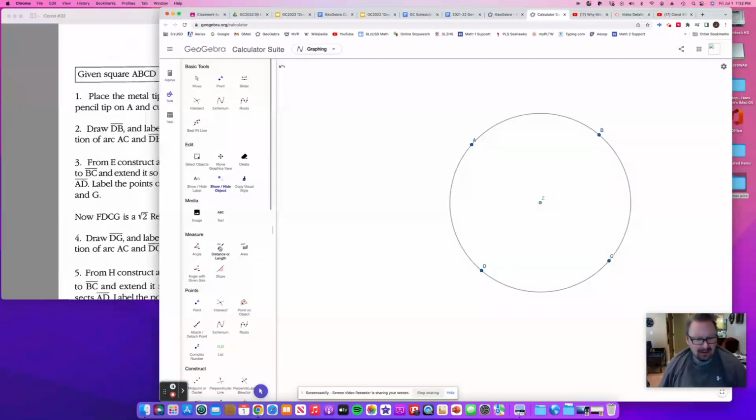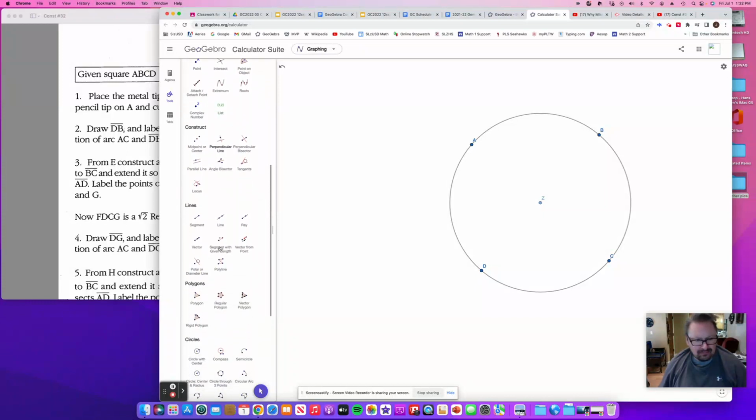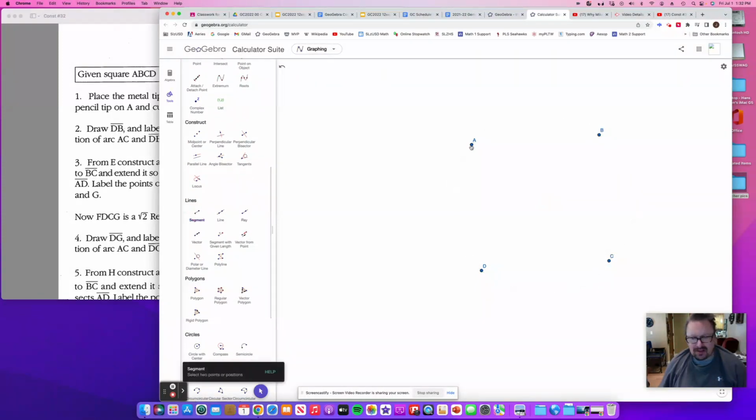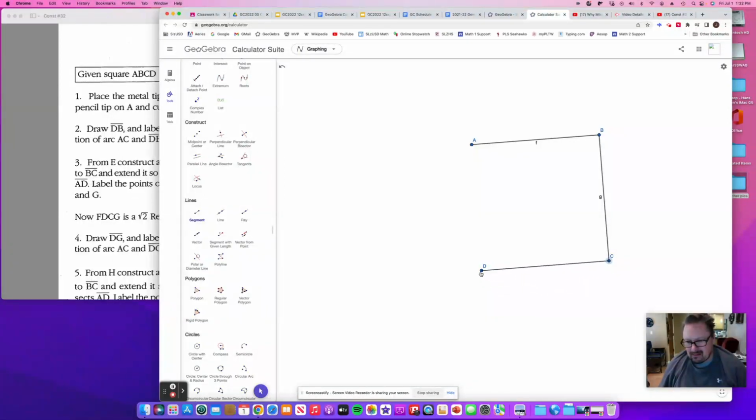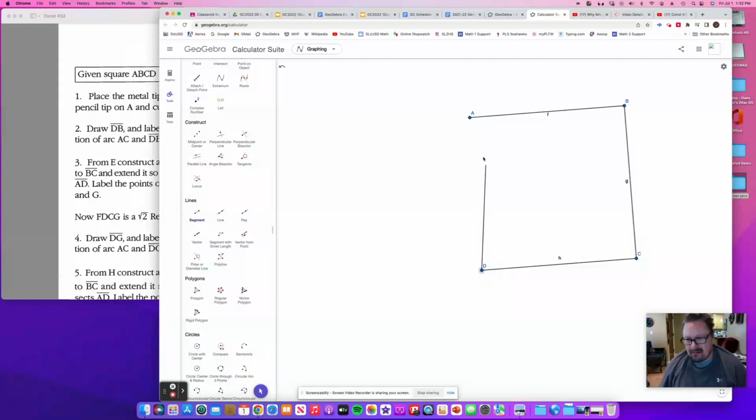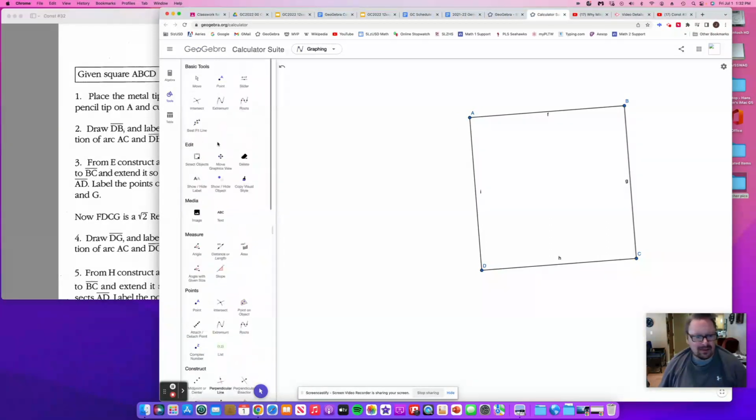And then we can finish our square with segments. And let's hide the labels.